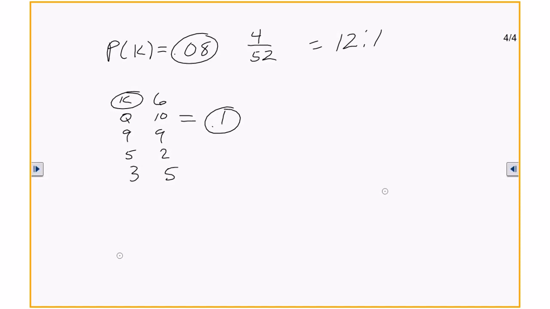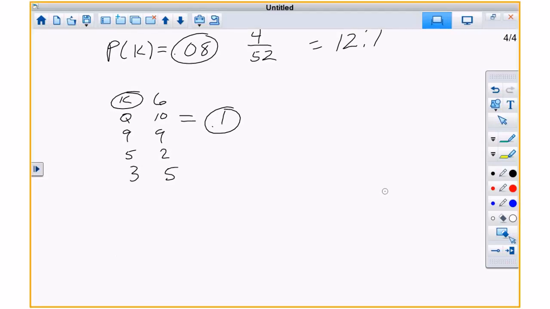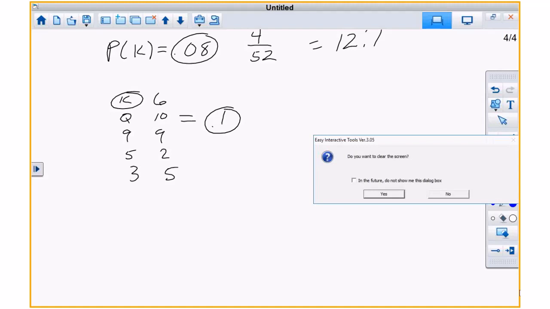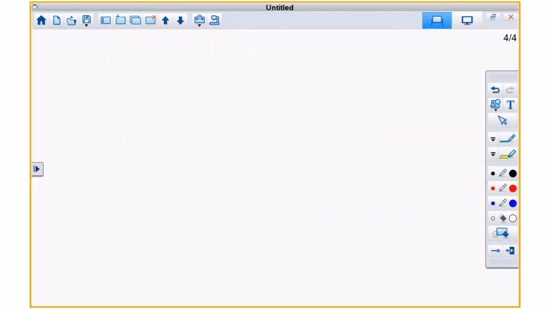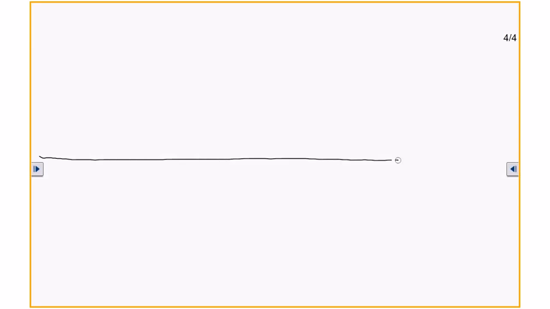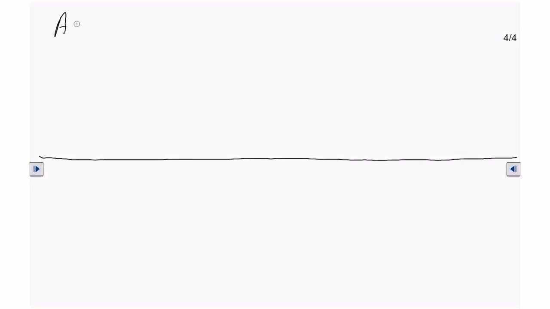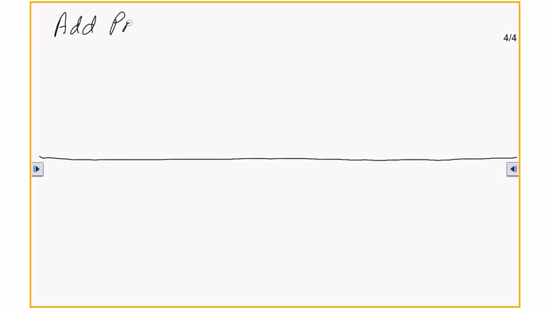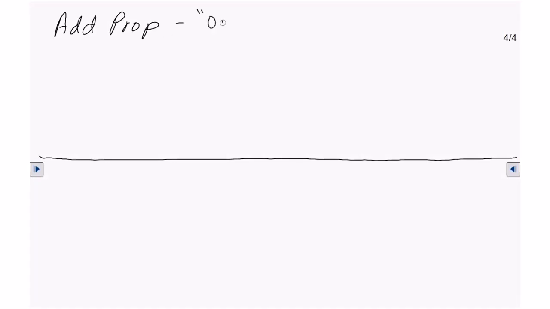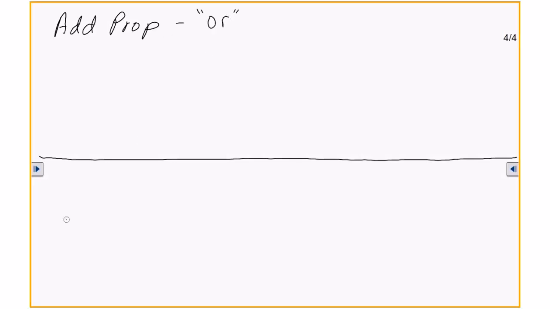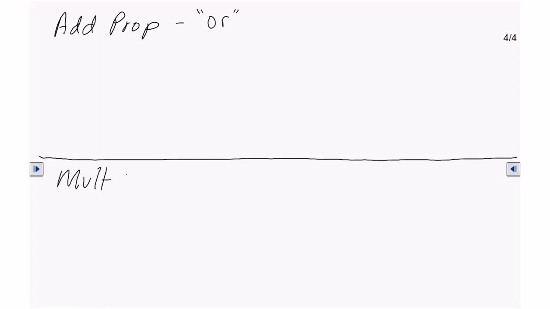But anyway, the only other 2 things we're going to talk about today are the 2 laws: the additive property and the multiplicative property. The additive property is basically dealing with the word or. The multiplicative property is dealing with the word and.